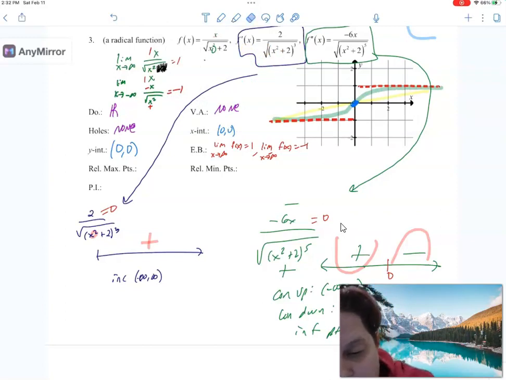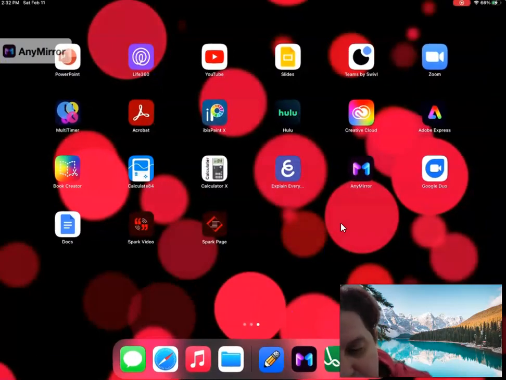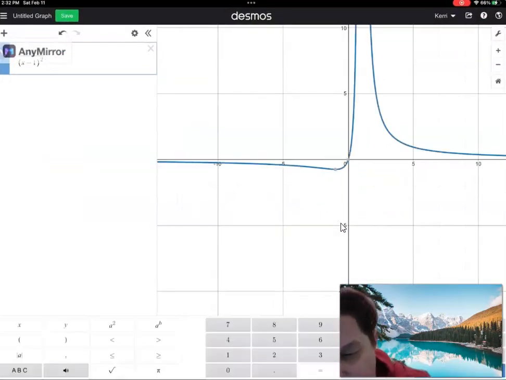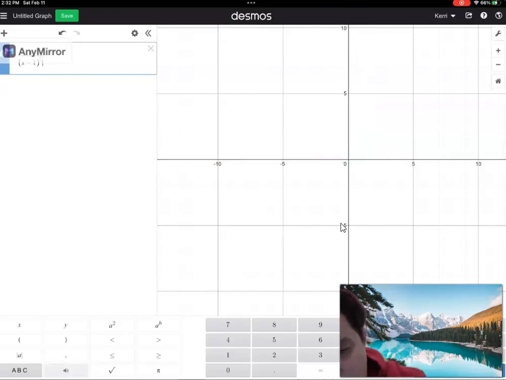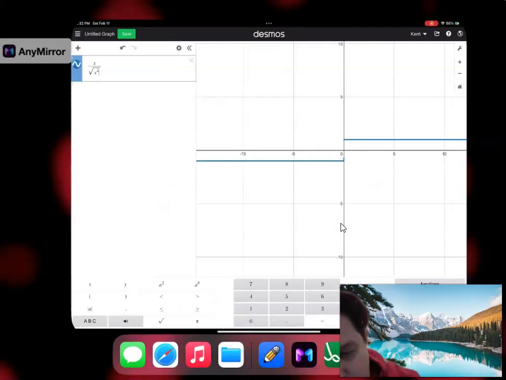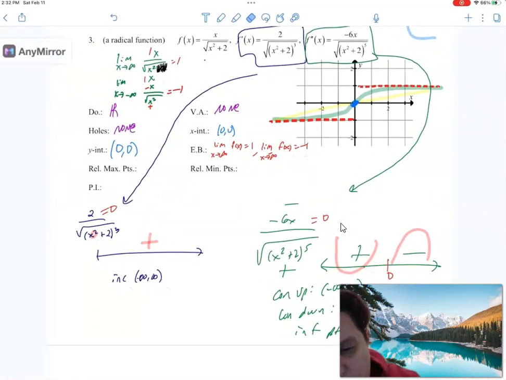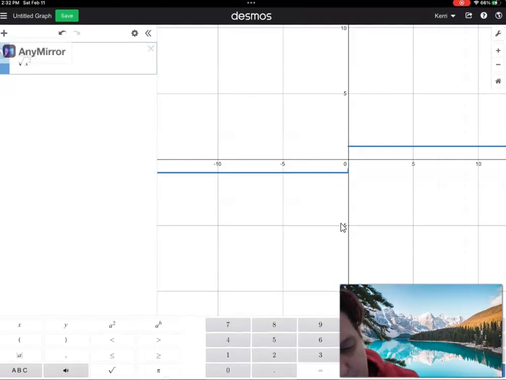Okay? So let's just check this one out, make sure we got it right. So we're going to go with x over the square root of x squared plus 2.